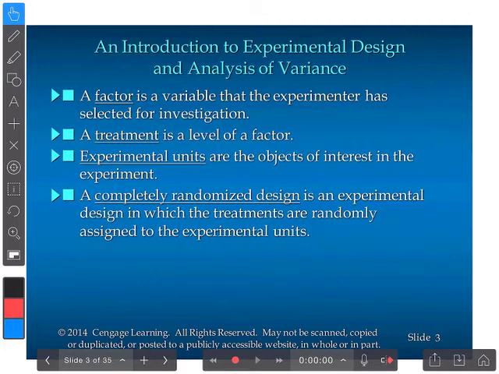And I've already mentioned that a completely randomized design is one in which the treatments are randomly assigned to the experimental units. In other words, we would take the sample and then randomly assign the people, if it is people involved, or the experimental units to the different levels of treatments, right? Or the different treatments.